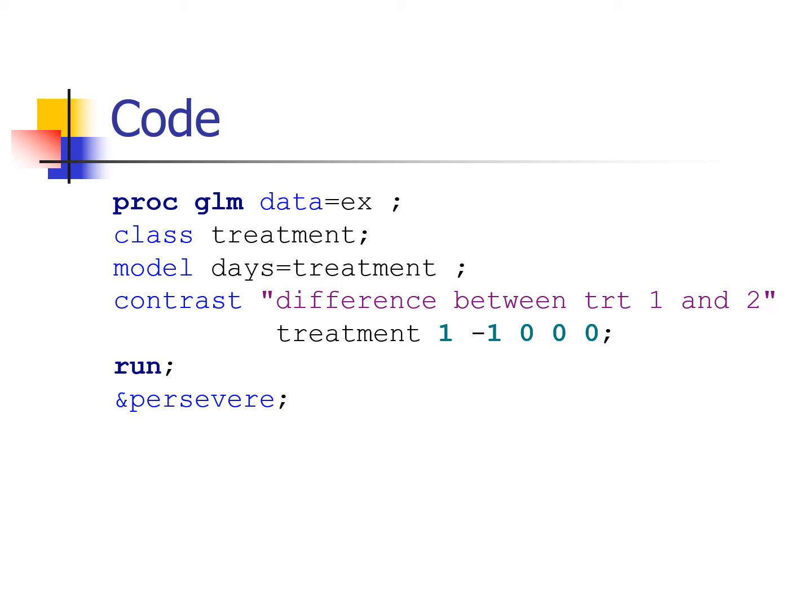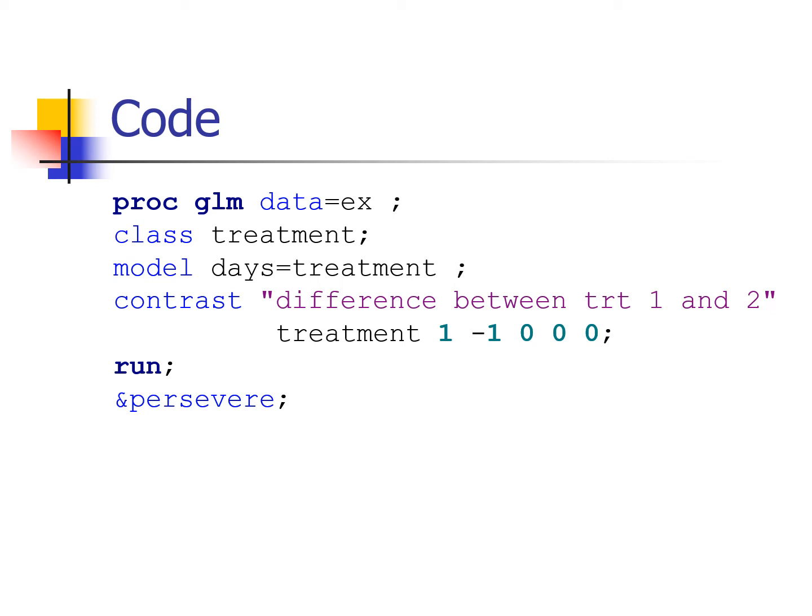So if we wanted to compare treatments 2 and 4, why don't you take a second, pause the slide if you have to, and write down what the contrast statement would look like. And again, you have the data, so if you really want to learn this, do this in SAS.